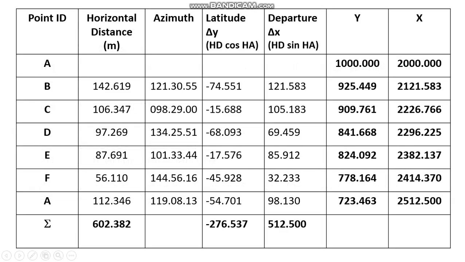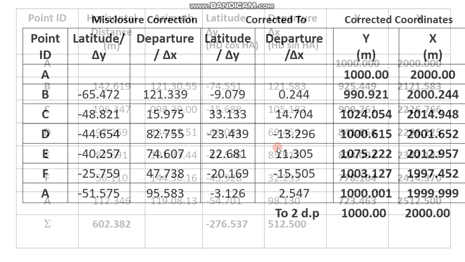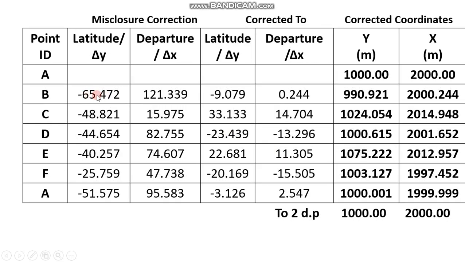So to find the misclosure correction for B, for the delta y, we say 142.619 divided by 602.382 multiplied by negative 276.537. Then we find negative 65.472.